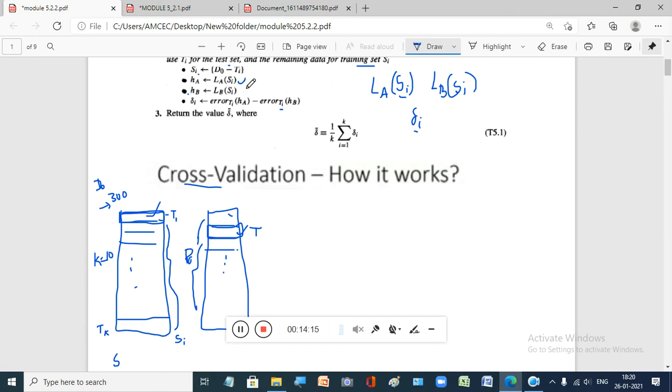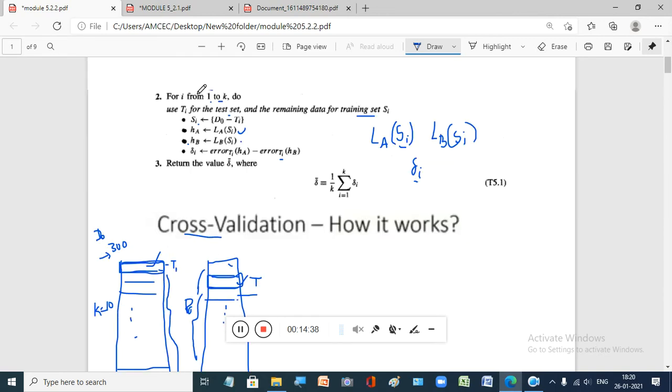Now for the third iteration, you take the third subset as your testing data and the remaining will be your training data. Like this you repeat for i equal to 1 to K. Then we get this delta bar. So what is this delta bar? It is the mean.